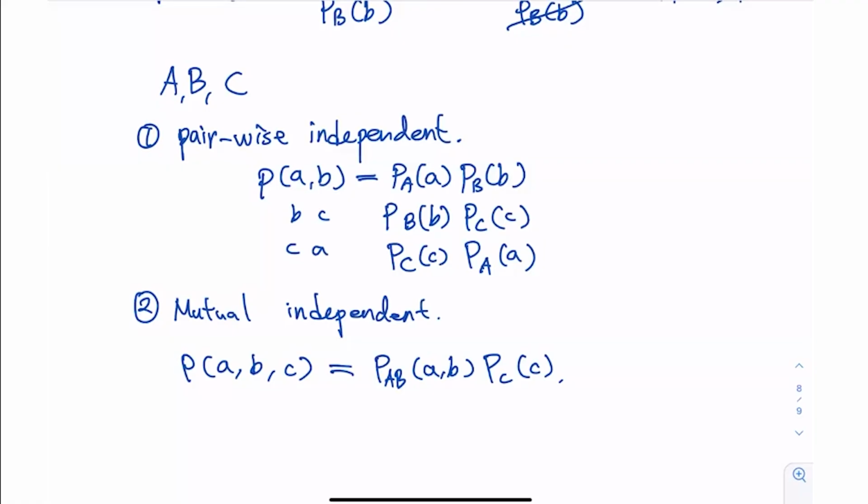So you can immediately see that pairwise independent is basically a subset of mutual independent. To some extent, mutual independent is more independent than pairwise independent. One interesting question is to try to construct a possible example for that, but I think I'll skip that in this course.